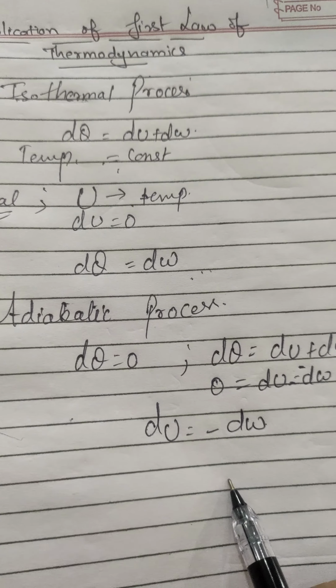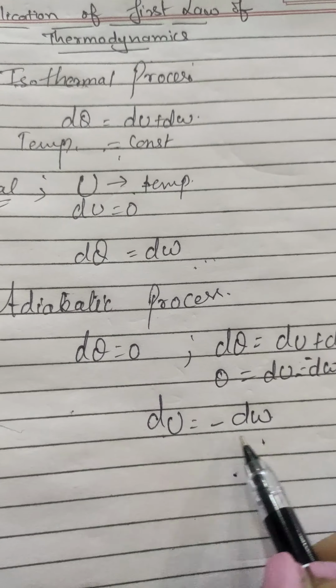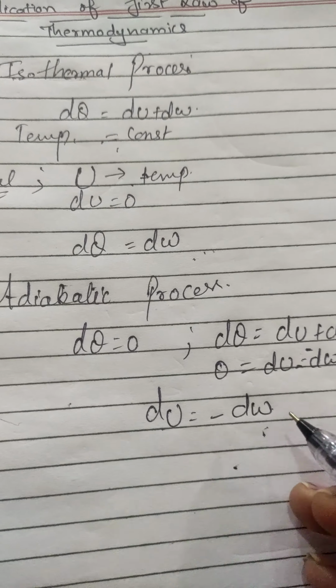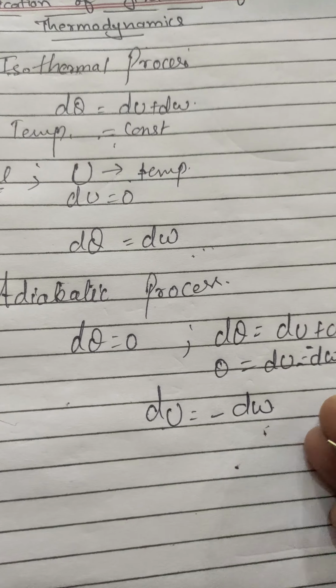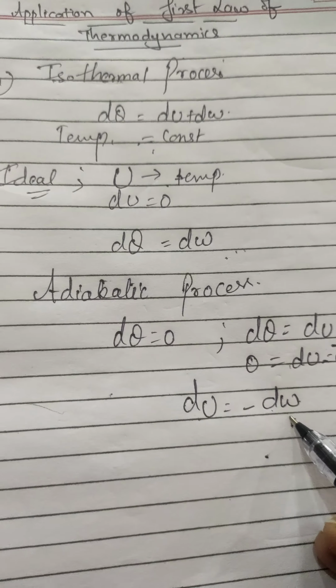Since in the case of expansion the work done is taken to be positive, the internal energy will decrease, and this is valid also, since during expansion temperature decreases, so internal energy decreases. So both the points are valid.